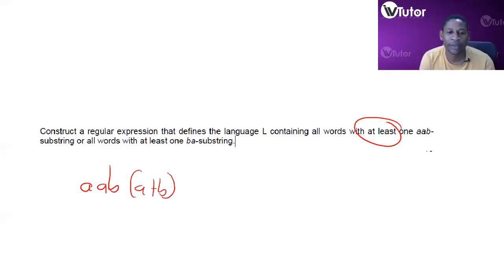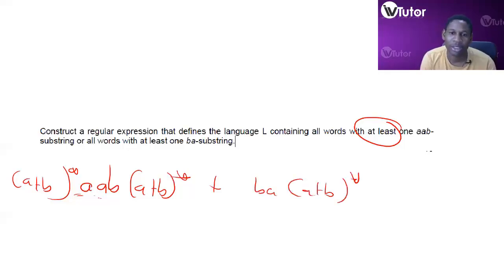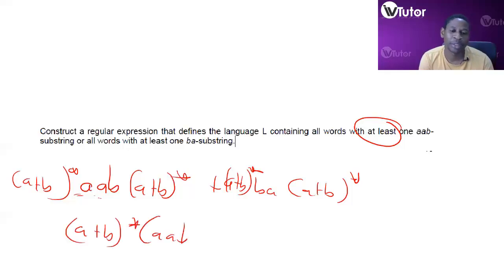You can have anything after that or before that, as long as you have a confirmed AAB substring. So you can have anything, (A or B) Kleene star, like that. Another way to rewrite this would be (A or B) Kleene star, (AAB or BA).